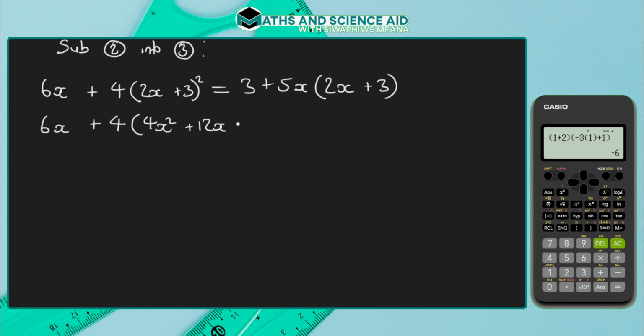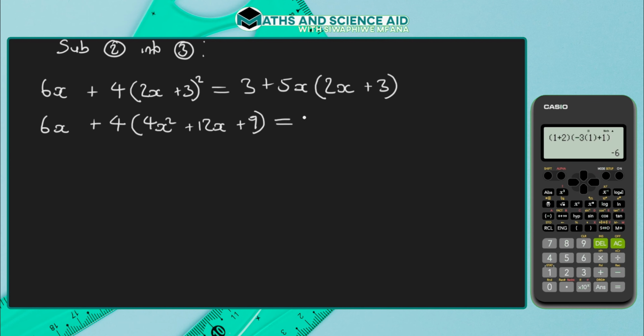Okay? And then lastly, we take the square of the last term. So what is 3 squared, or 3 to the power of 2? So that is equal to 9. And so just by simply following this technique, you are able to obtain the expanded expression quickly.